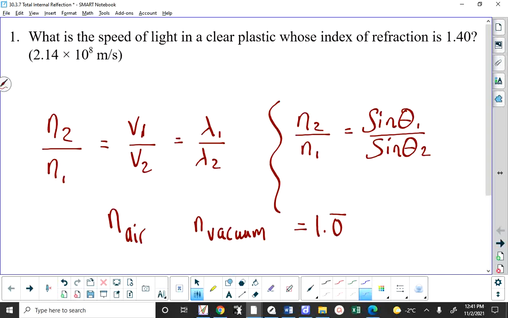And if you looked it up online, you wouldn't see 3.00 times 10 to the 8. You would see 2.99 something, something, something times 10 to the 8. The index of refraction of light in air is so close to the index of refraction of light in a vacuum that we use 1.00 for air.